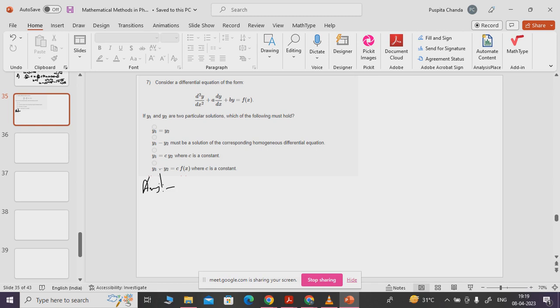When y1 is equal to y2, they are not independent solutions. So let us see if B or D or both are true. y1 and y2 are 2 particular solutions, so each will satisfy the equation: d square y1/dx square plus a dy1/dx plus b y1 equals a function of x.